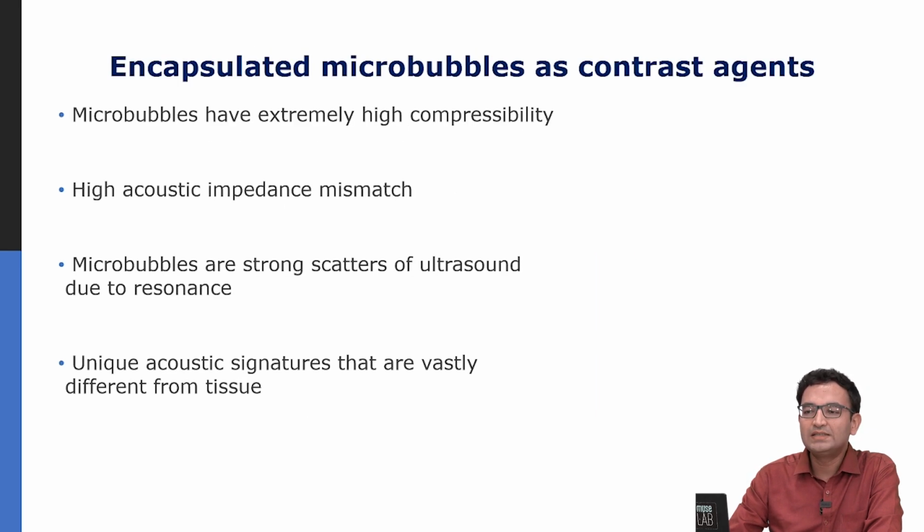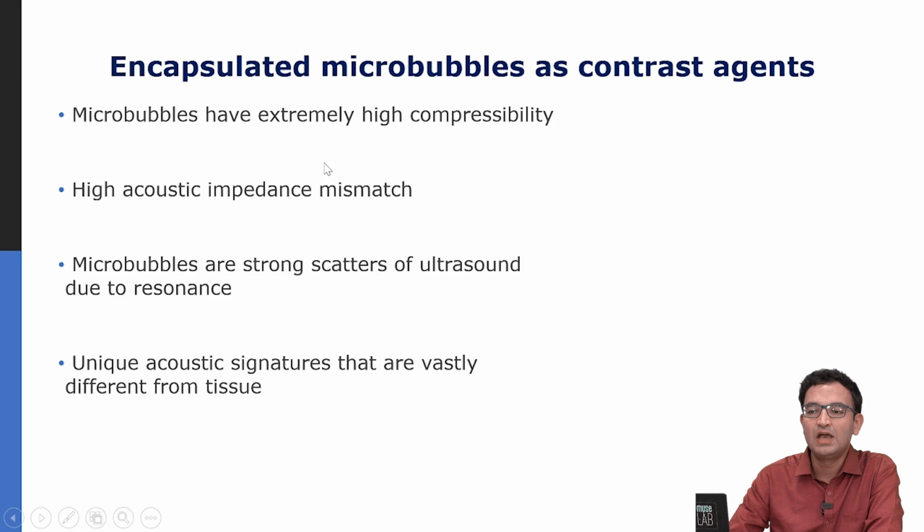So, why is this microbubble a good contrast agent? Different compounds in MRI or in CT are used, and that is because of the physical mechanisms by which the contrast agent interacts with the radiation that is being used for imaging.